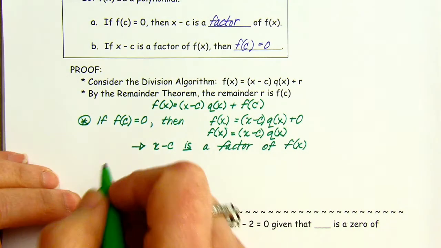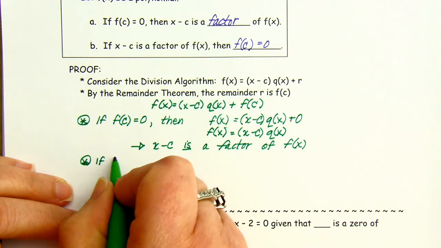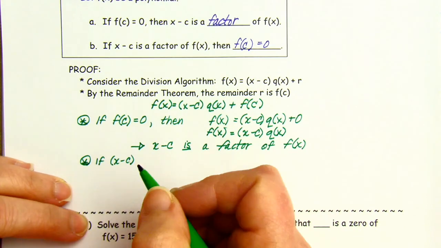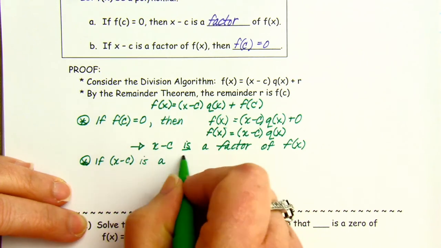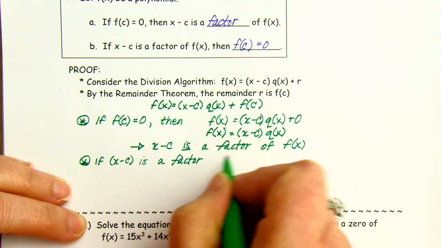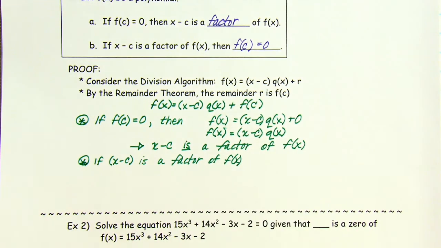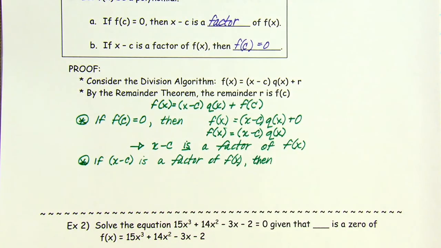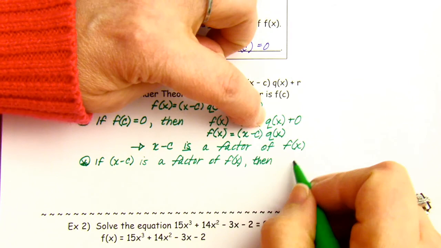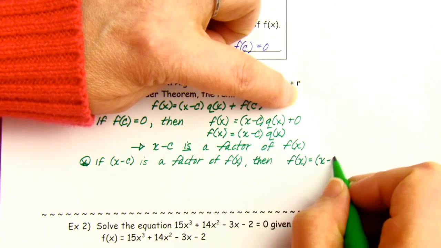All right, the second point, or the converse. If x minus c is a factor of f of x, then it must be true that f of x equals x minus c times q of x.